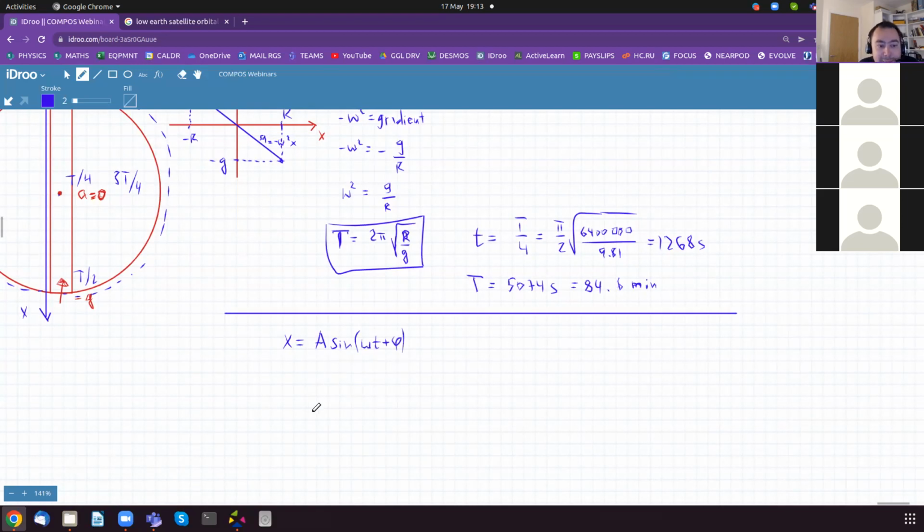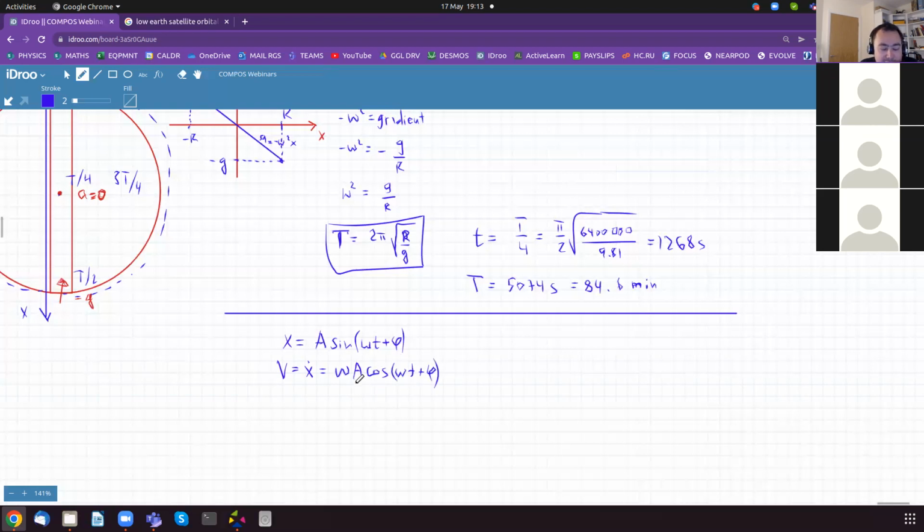And what I need is the maximum speed. So maximum speed is v, but v is the derivative of x. So v is the derivative of x, which is omega a cos omega t plus phi.